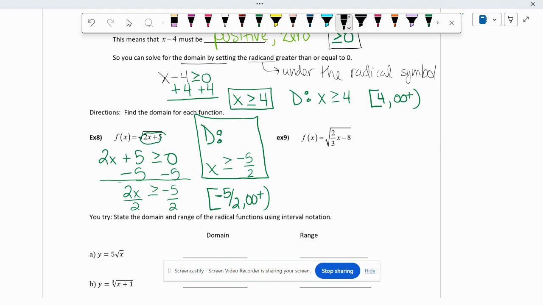In my second example, example number 9, same thing. We have a fraction in the radicand, but it still works the same way. Hopefully you remember how to get rid of a fractional coefficient. So the radicand has to be greater than or equal to 0. Let's see, I'm going to add 8 to both sides. That gives me 2/3 x is greater than or equal to 8.